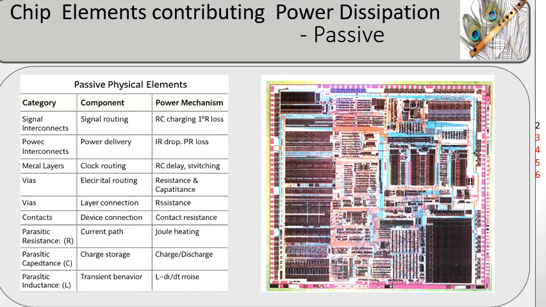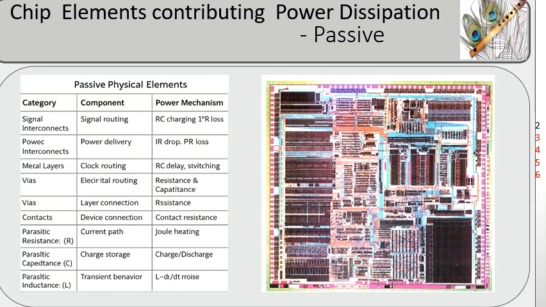Power dissipation in a VLSI chip is not limited to the logic gates alone. The passive physical elements of the chip also contribute significantly. Signal interconnects, power distribution networks, metal layers, vias, contacts, and their inherent parasitic resistance, capacitance, and inductance consume power during signal and power transmission.